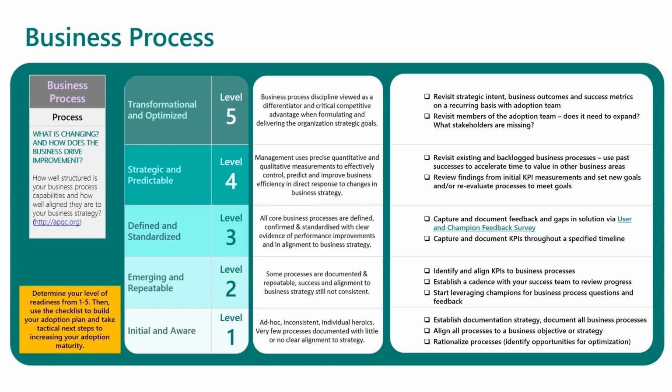Now, I will note that for all of these pillars, you'll notice that even at the highest level of readiness, there is still action attached to it. So, for example, here, revisiting strategy and intent, revisiting the members of your adoption team. And that is because adoption does not stop. It is cyclical, and it must be continuously evaluated and managed.